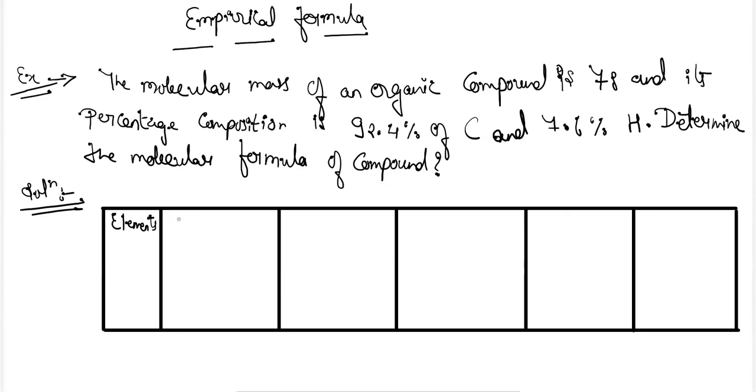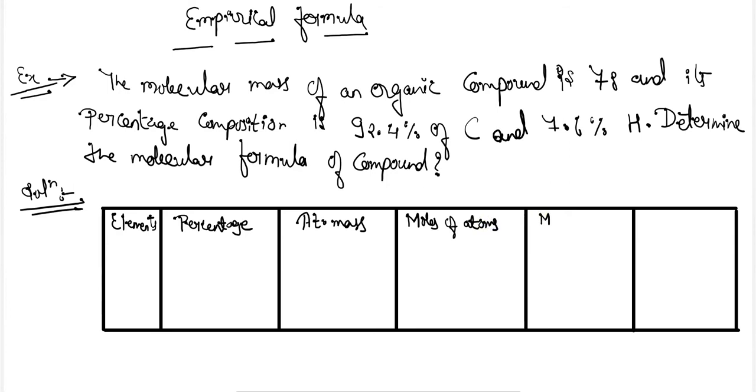The second column is for the percentage of elements present in your compound. The third one is for the atomic mass of each element. Then moles of atoms of elements present in your compound.